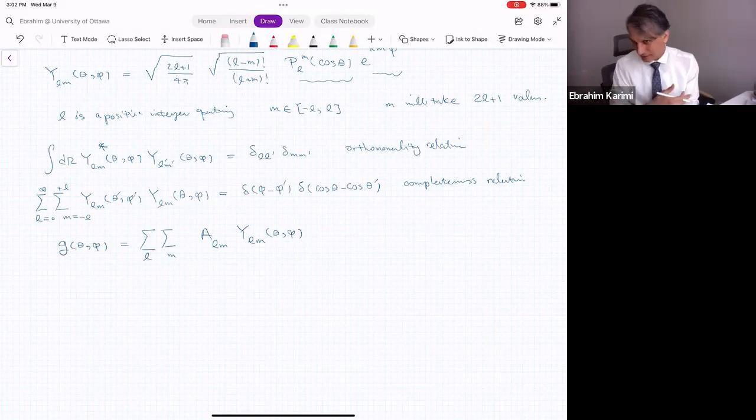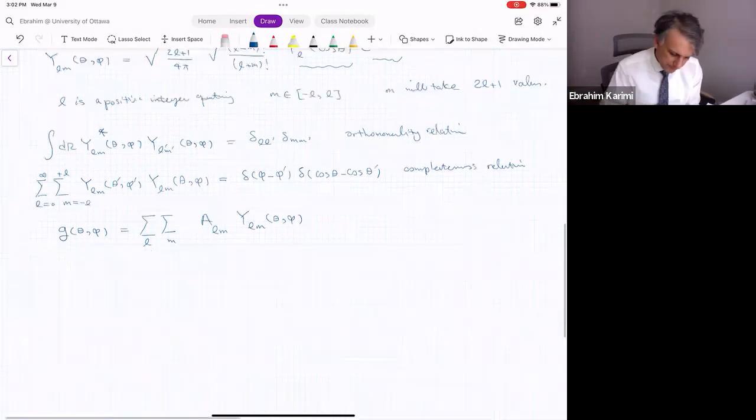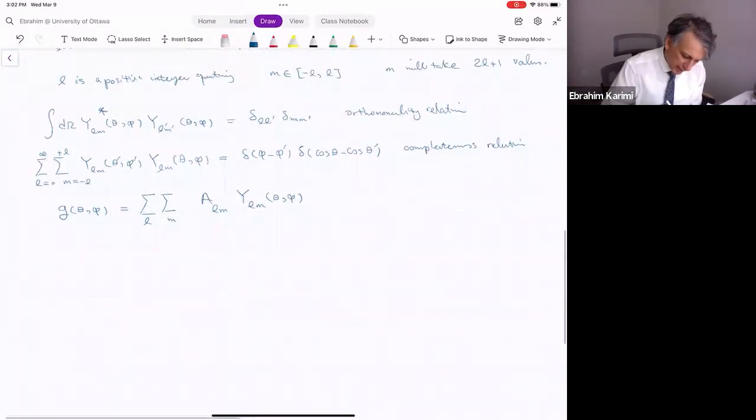So this is exactly the same way, but you are doing the expansion in terms of spherical harmonics, which are associated Legendre polynomials and also harmonics. Okay, so how do you find ALM? You multiply both sides by YLM star of theta and phi with different L and M values.